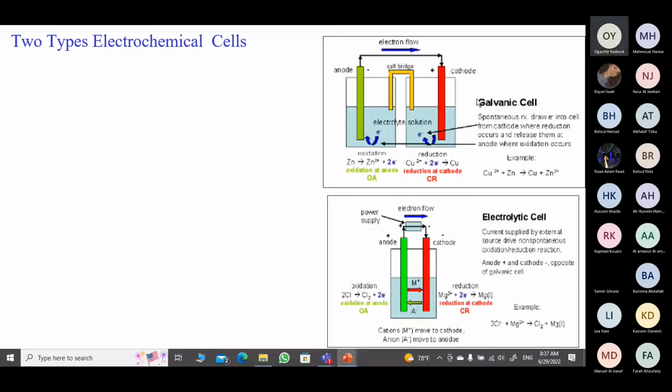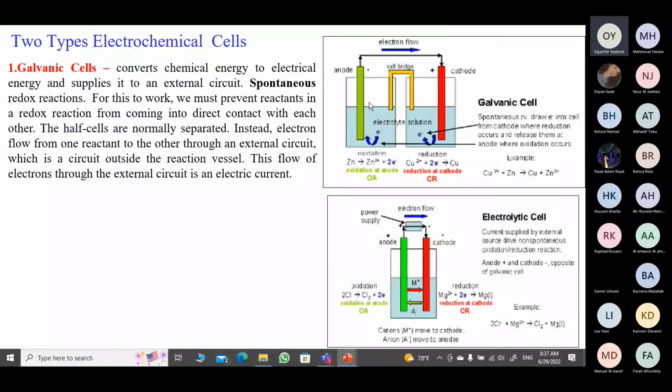Eventually, a galvanic cell is one that will spontaneously have a flow of electrons. So the difference here is that when I connect these two cells together with a salt bridge, it means I completed the circuit. That's when electrons are able to flow.